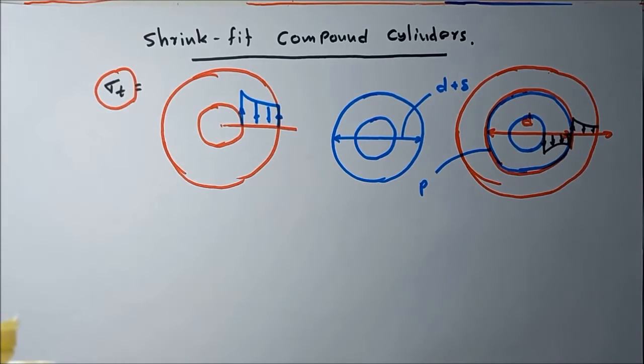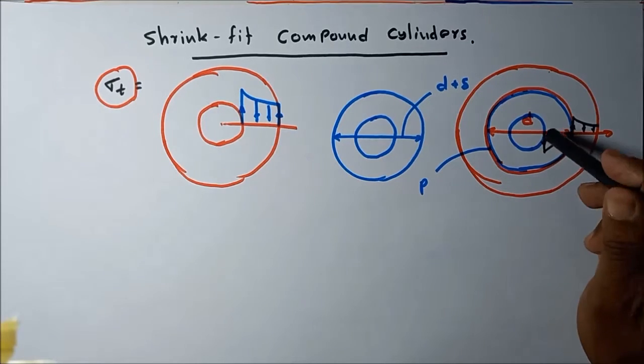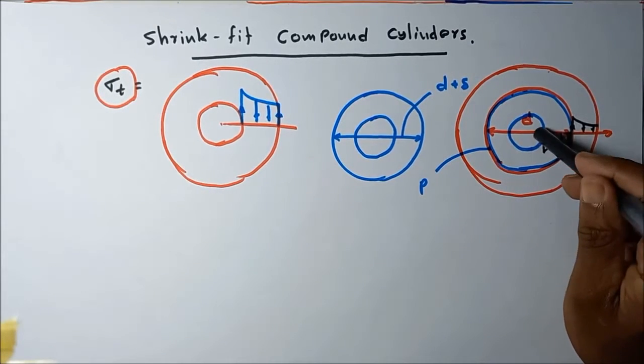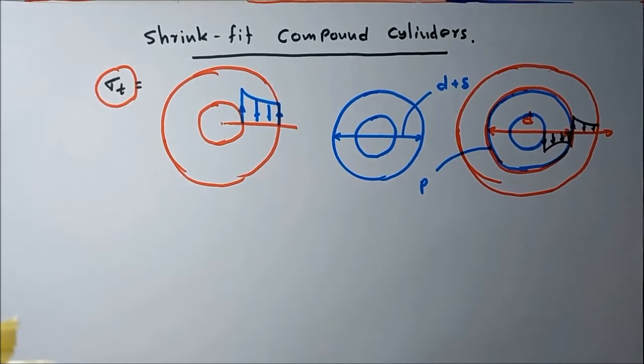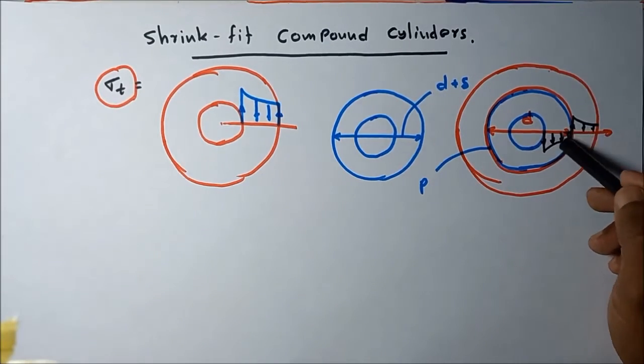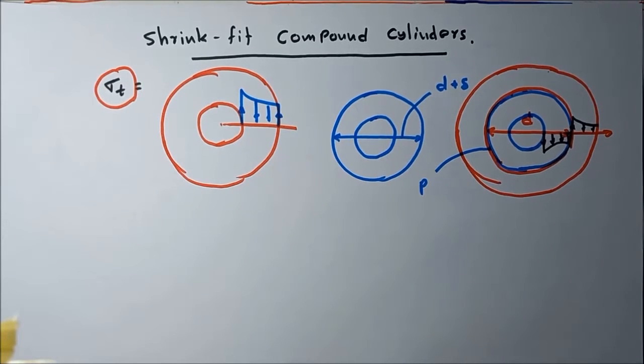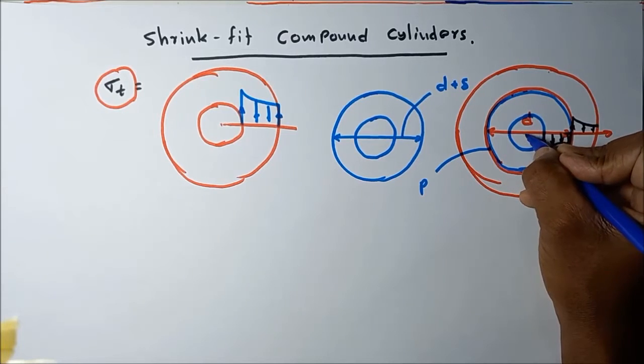Then you can see the internal cylinder is subjected to a negative sigma t value. What happens when it becomes pressurized?